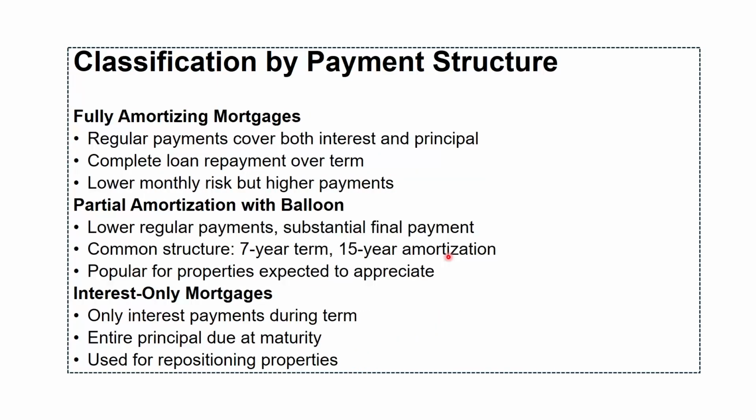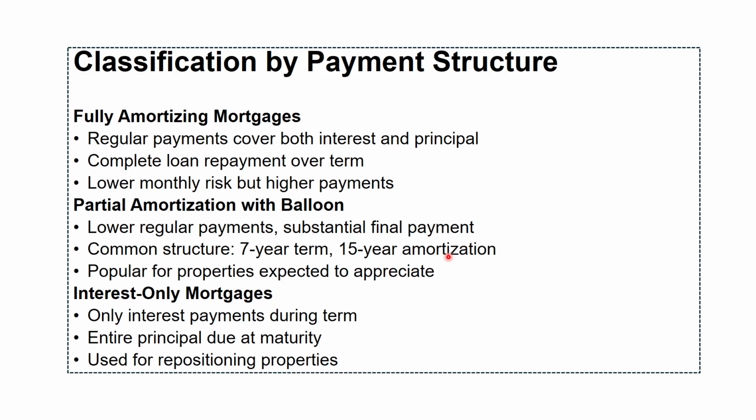Then we move to classification by payment structure. Commercial mortgages vary by payment structure. A fully amortizing mortgage involves regular payments covering both interest and principal, repaying the loan fully over 10 to 15 years, with higher payments but lower risk.